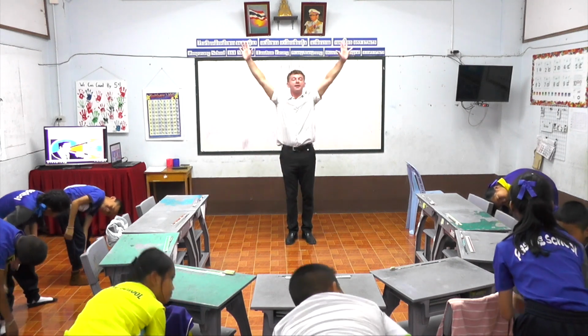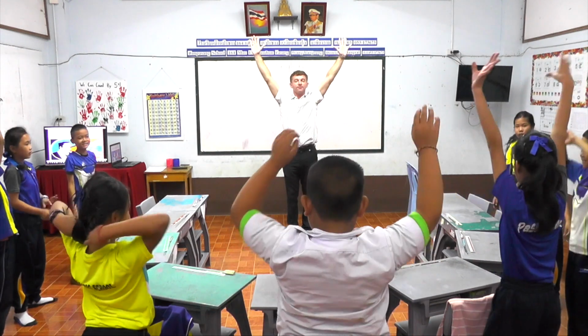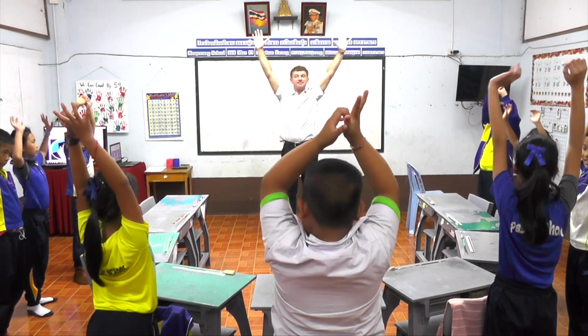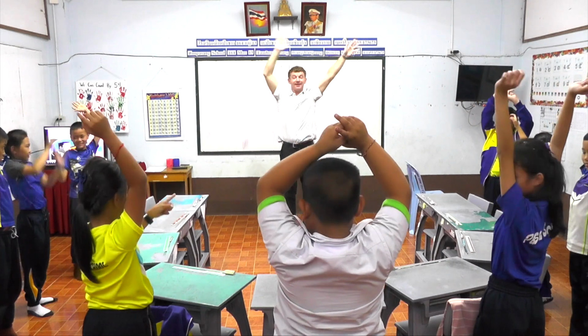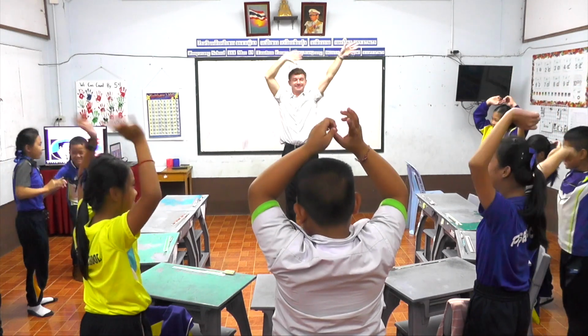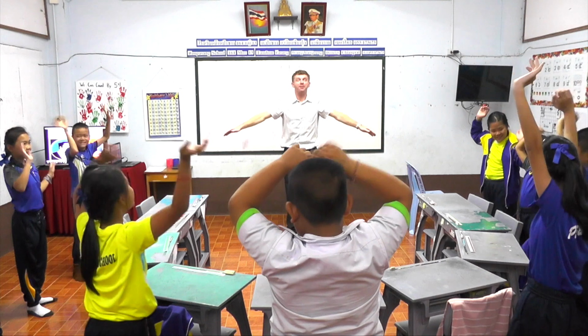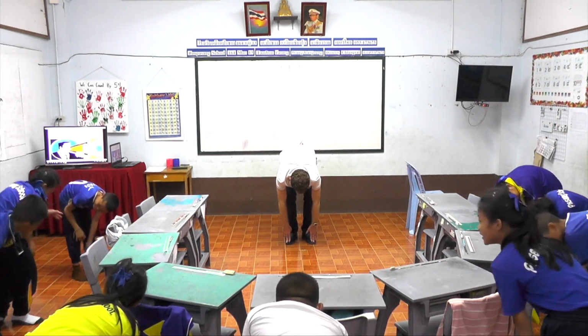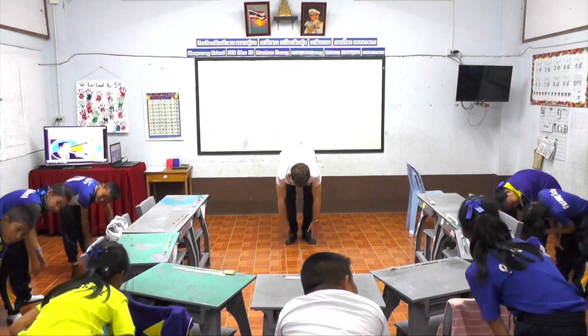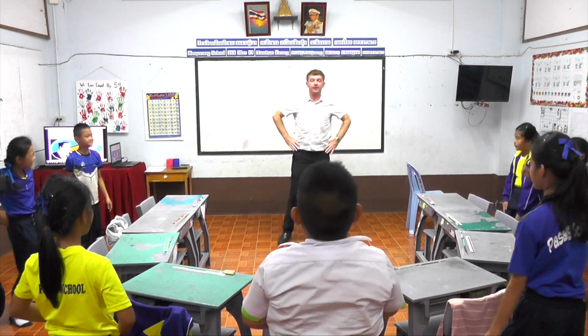Let's go back up high. And this time, can we go tippy toe high? And while we're there, let's have a wave. And now, let's go back down, touch your toes. Stand up straight, hands on hips.